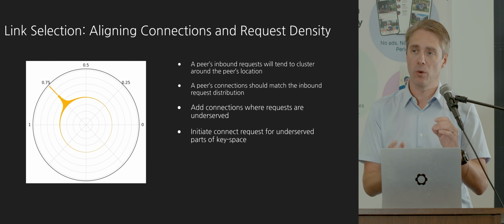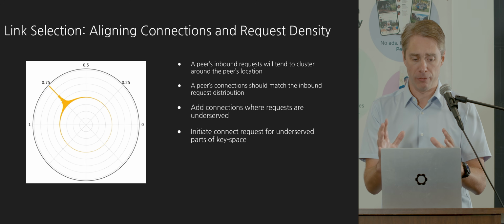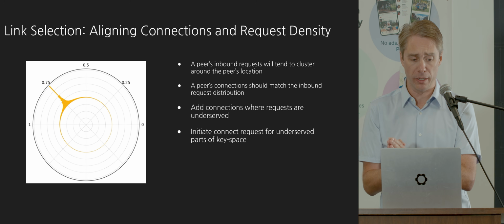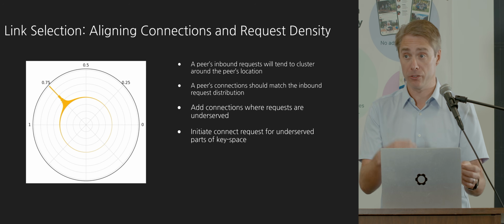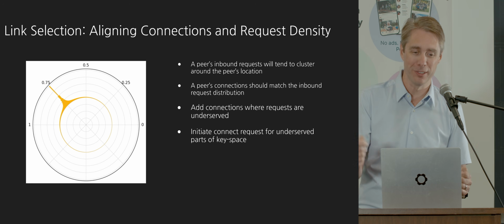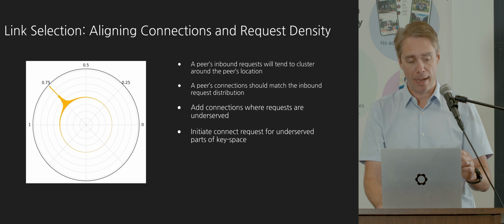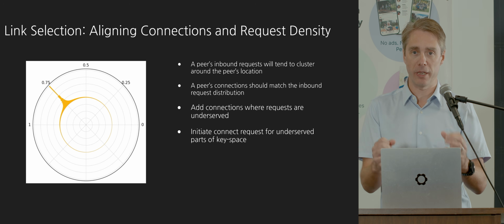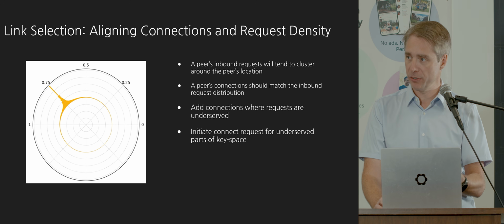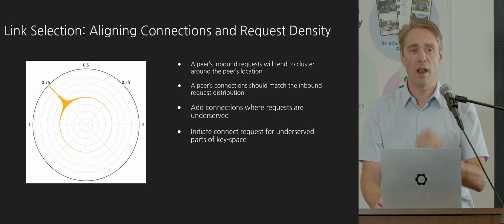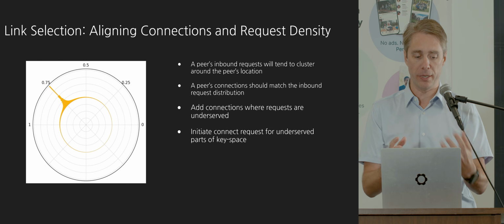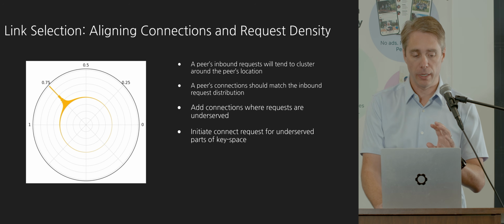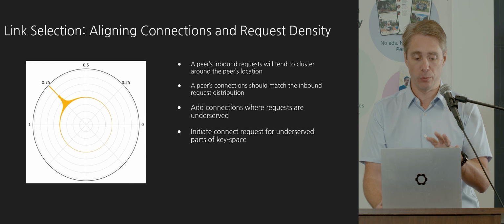What it wants to do is identify parts of the key space, these numbers from 0 to 1, which are actually arranged in a ring. So 0 and 1 are actually the same point, the distance between 0 and 1 is 0. What you want to do is identify parts of the key space where you're receiving a disproportionate number of inbound requests relative to the number of peers you're connected to that are close to those requests. To address this, the peer will do two things.